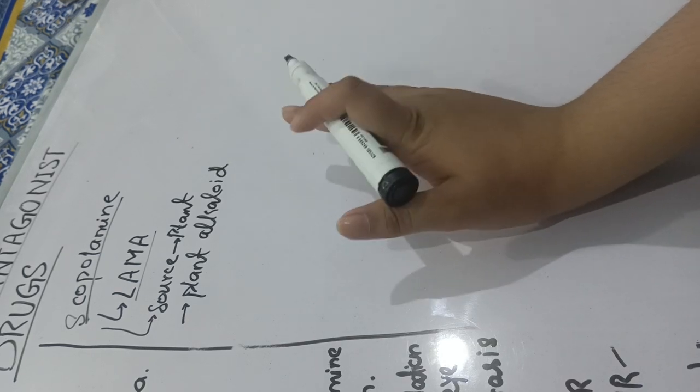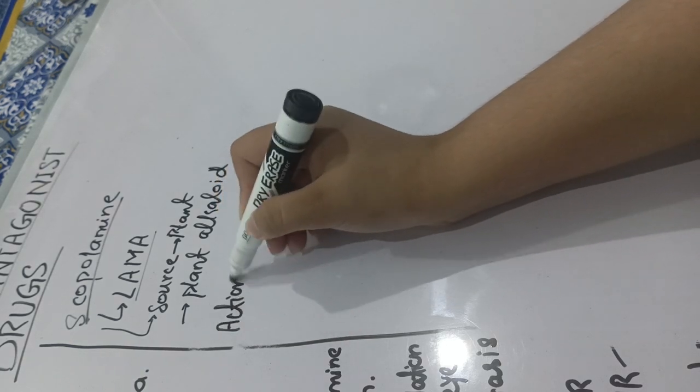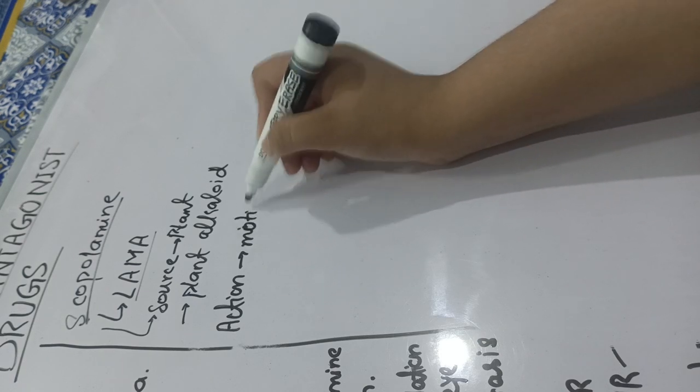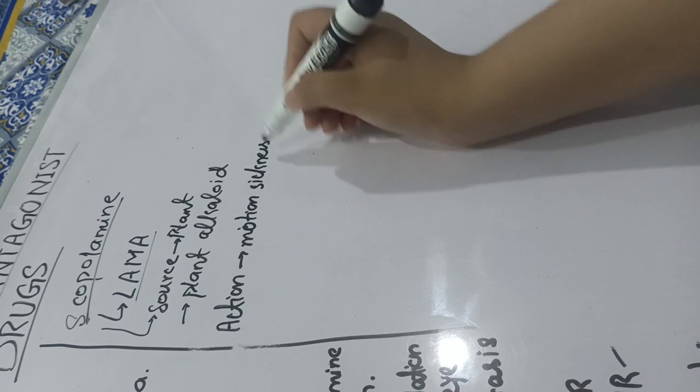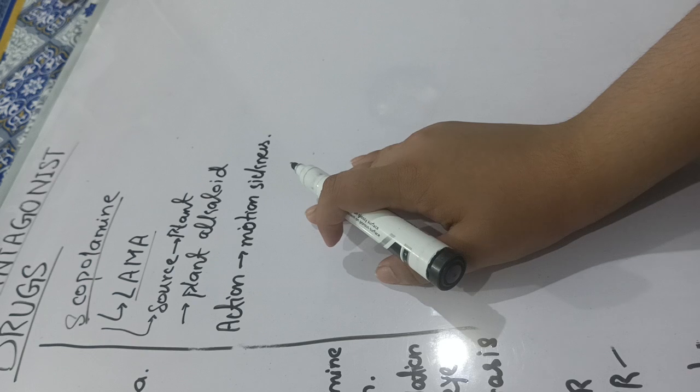What is the action of this scopolamine? The most major action of scopolamine is to treat motion sickness. Its adverse effect is just similar to atropine.